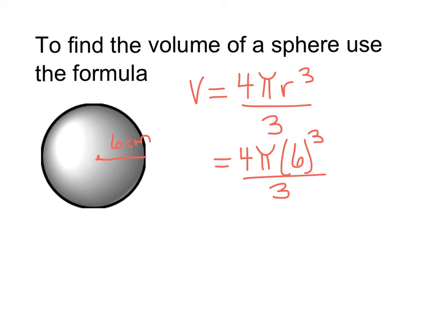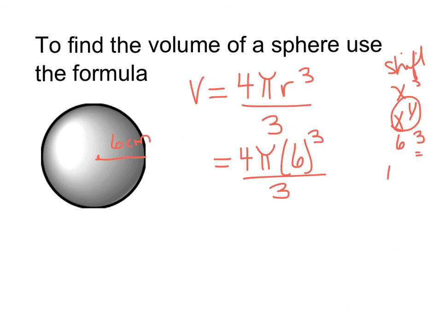Now on my calculator, I have to use Shift, and then I have a little x cubed button. You might be able to use a button on your calculator that looks like this, x to the exponent y. You could type in 6, then this button, and then 3, and hit equals, and that'll get you 6 cubed.